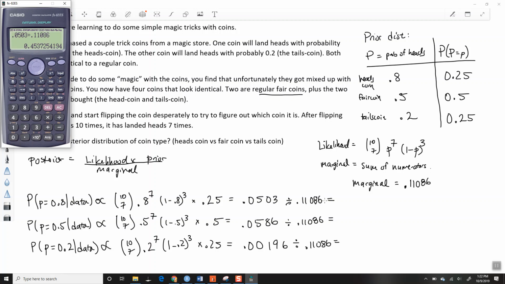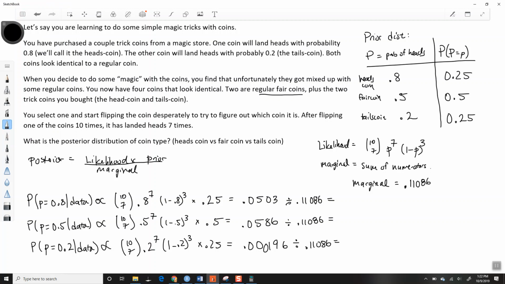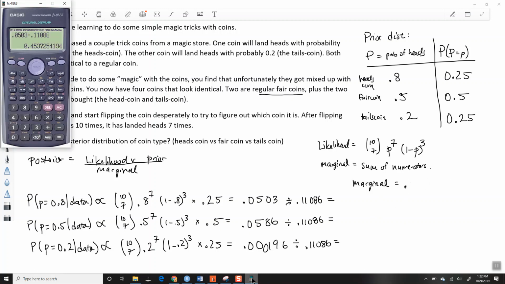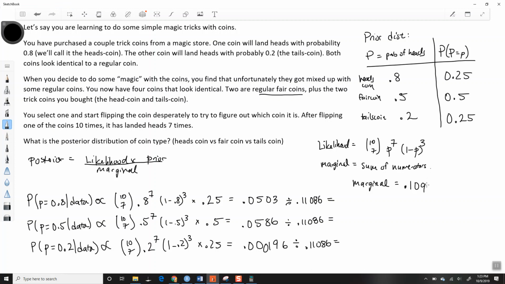Okay, no problem. All right, let's try this again. Okay, 0.0503 plus 0.0586 plus 0.000196.